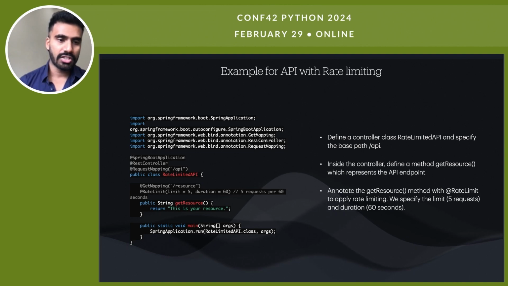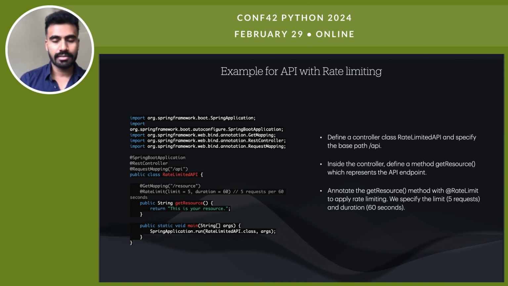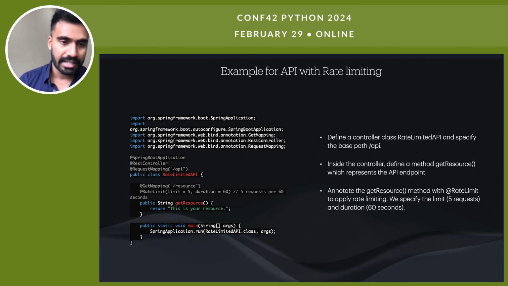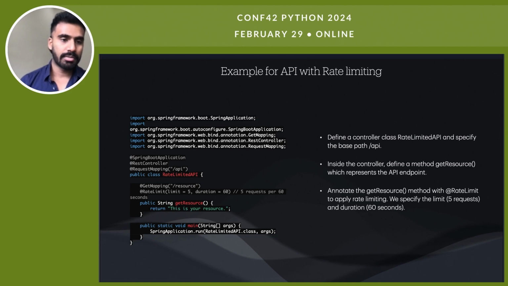Here the annotation is limit 5, duration 60. That means one client can't call this API at this endpoint more than 5 times in 60 seconds. If the client makes more than 5 requests in 60 seconds, he or she will be rate limited and won't get a response, instead getting 429 or a message saying you can't access more than this. That message is debatable. So it's just about annotating.